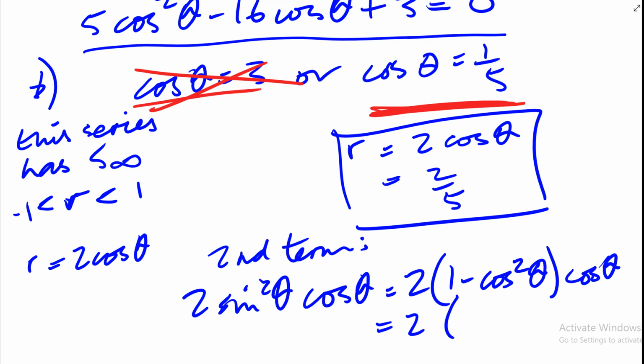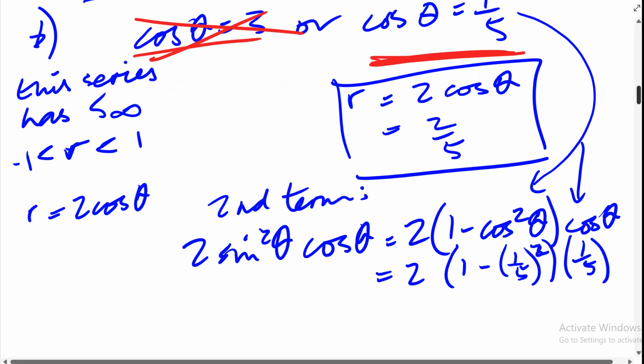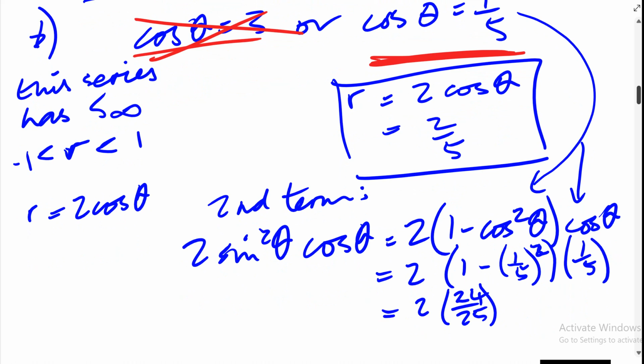So we know that cos theta is 1/5, so we've got (1/5) squared here, times by another 1/5, and so that will give us 2 times by 24 over 25 times by 1/5, which is going to give us 48 over 125.